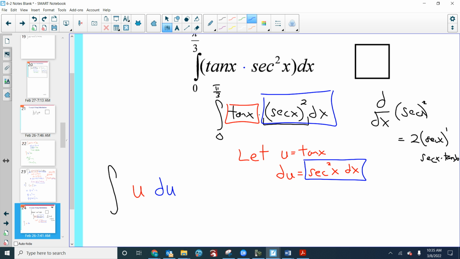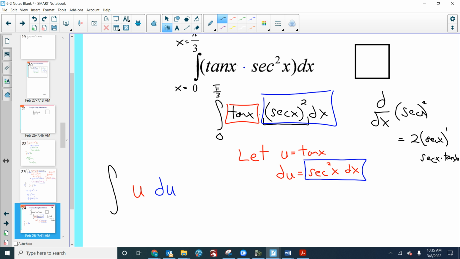What are my bounds? They were x bounds. Now they are u bounds. Where do I plug the x's in to find out what they convert into to become u's? Into the u function. U equals tangent of x. What's the tangent of 0? Well, it's the sine of 0 over the cosine of 0. 0.